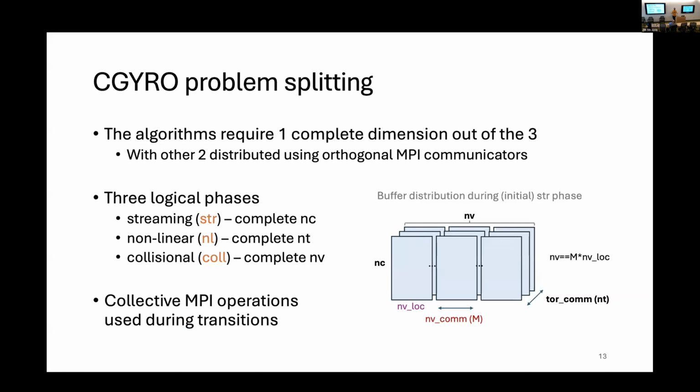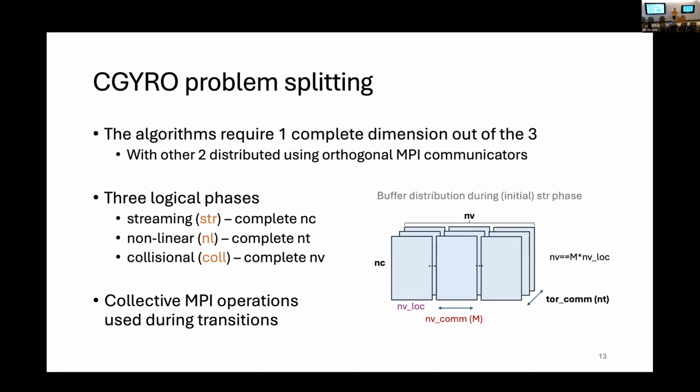The way we scale across multiple nodes, because obviously when you have a big memory problem, you cannot fit it in a single node, not just compute, it's really that you cannot fit in the memory that you have available, you have to spread it. And CGYRO has 3 phases, and each phase needs one whole dimension. The way the problem works, you always need one full dimension in order to compute.